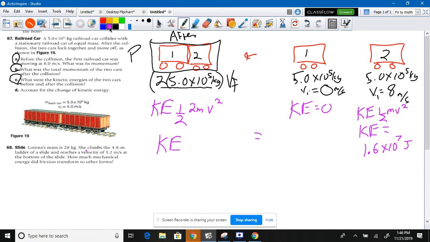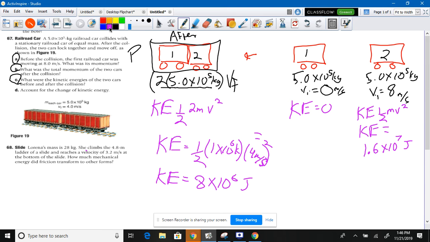The velocity final there was 4 meters per second. 1/2 times 1 times 10 to the 6 kilograms times 4 meters per second squared. What'd you get, guys? 8 times 10 to the 6th joules.